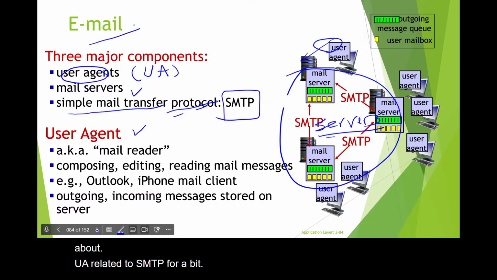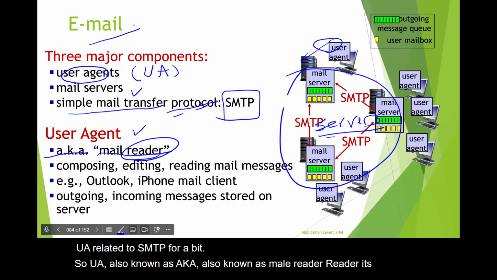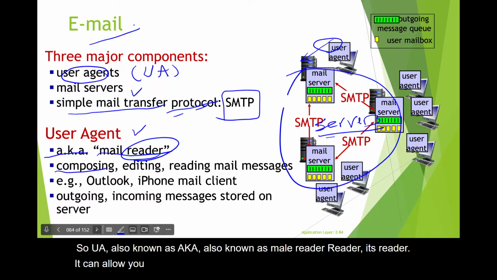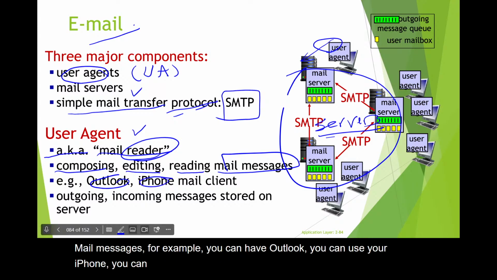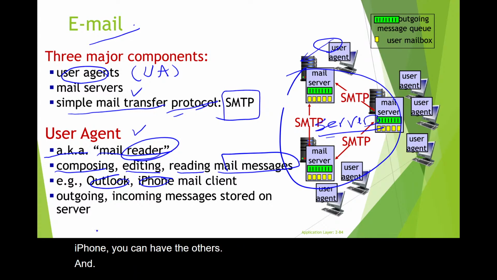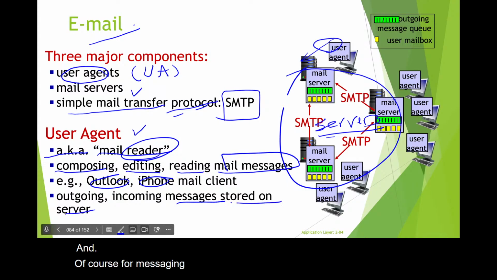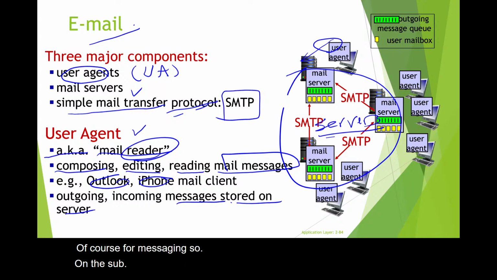So the UA, also known as mail reader, allows you to compose, edit, and read mail messages. For example, you can have Outlook, you can use your iPhone, you can have others. And of course, messages will be stored on the server, and we want to get them from the server to read, and send them to the server for forwarding.